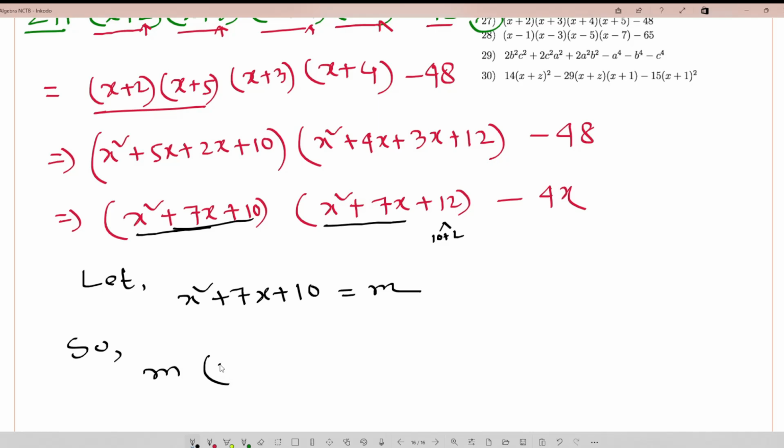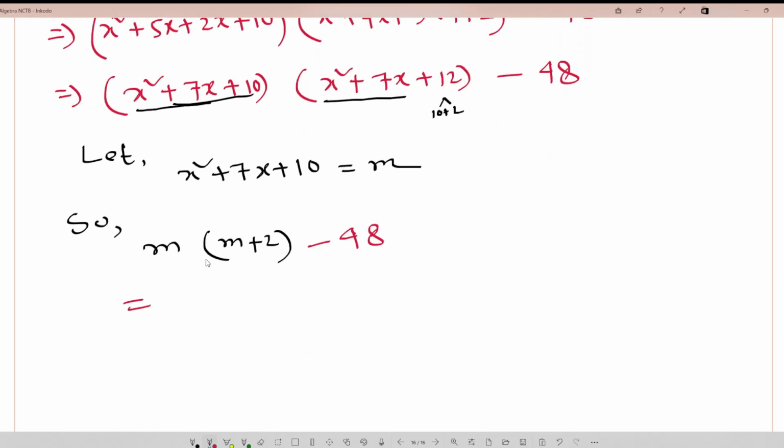So we can write m plus 2, and here is minus 48. Now here is m square plus 2m minus 48, right?